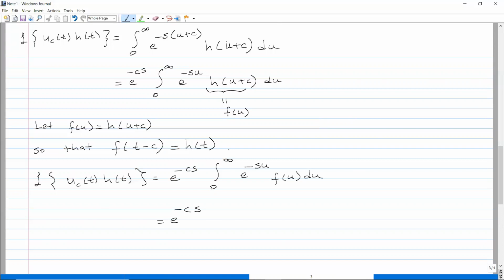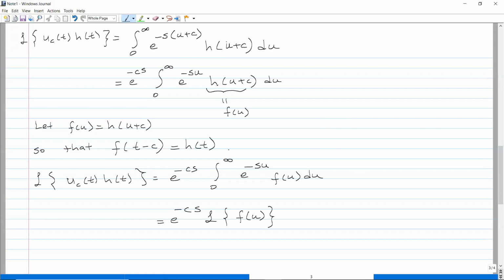Okay, so the variable of integration is u.